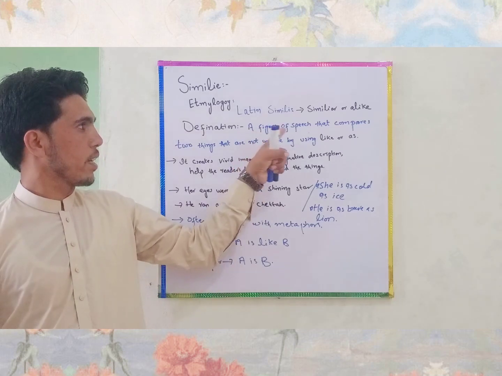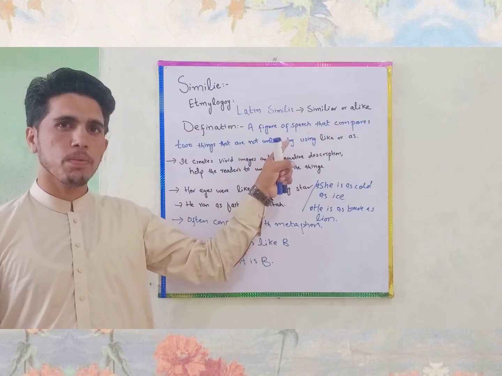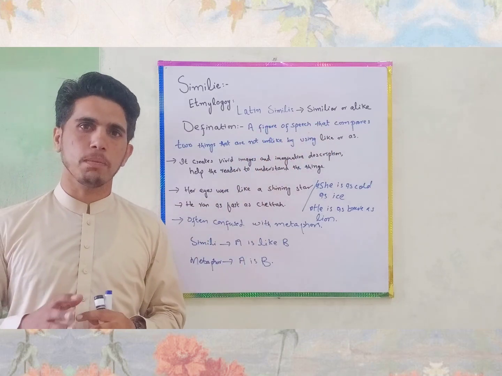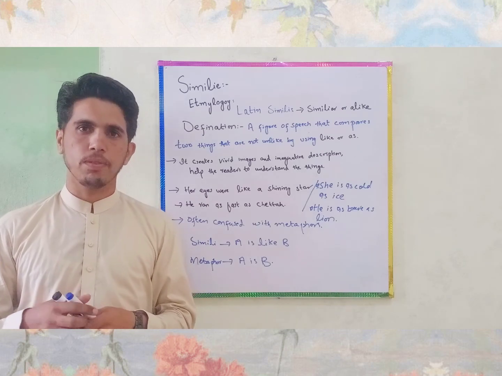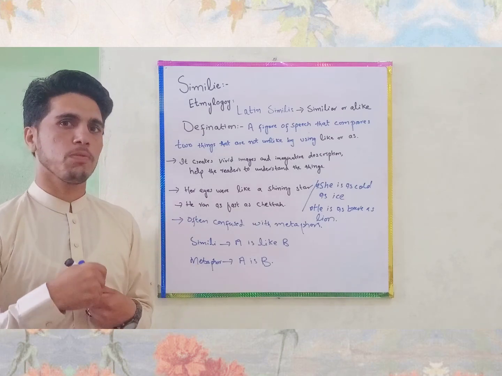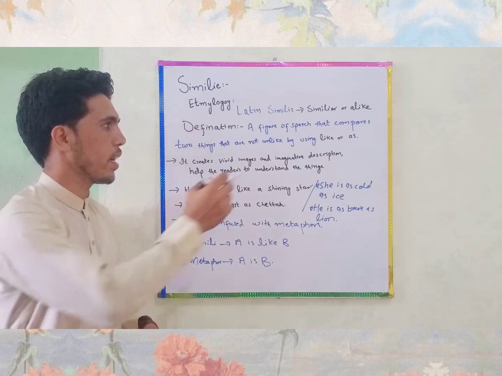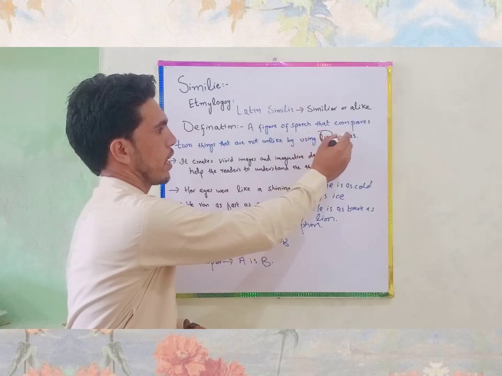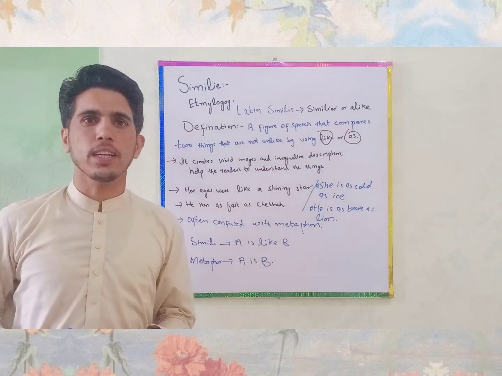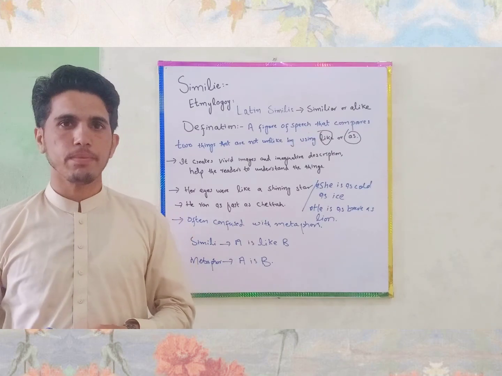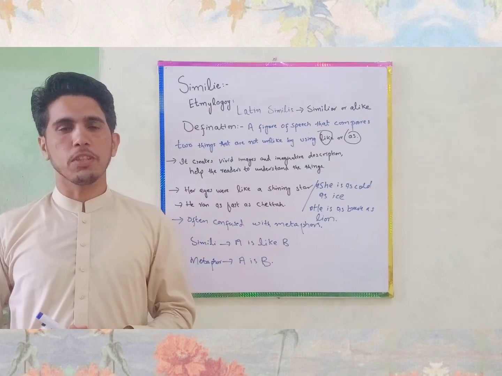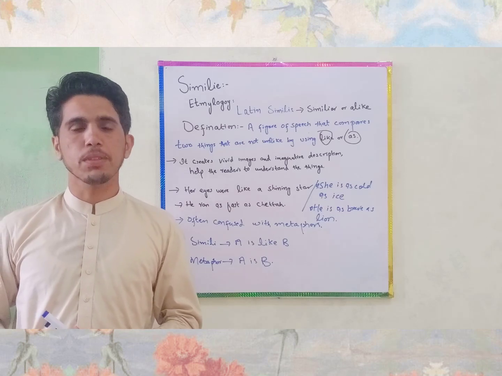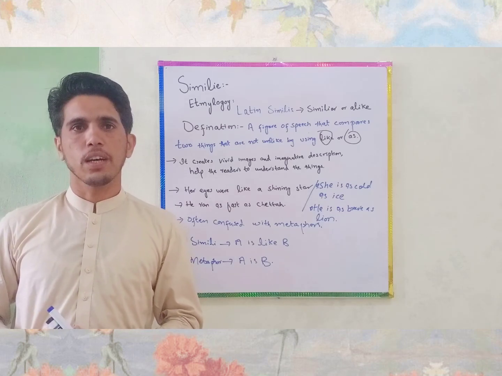It compares not two alike things, but two unlike things by the use of connecting words. Which are these words? These are like or as, used to draw comparison in the case of simile. So simile creates vivid images and imaginative description that helps the reader to understand the work.